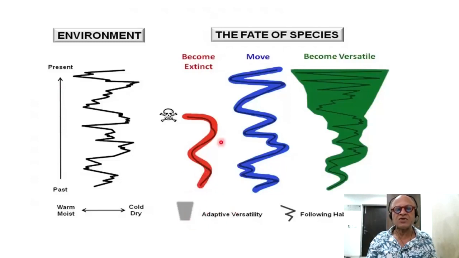So either they try and then they go extinct, or they move, so they may stay because they are versatile and adapting, but then conditions become so unfavorable that they are not generalists enough to move, so they go extinct.